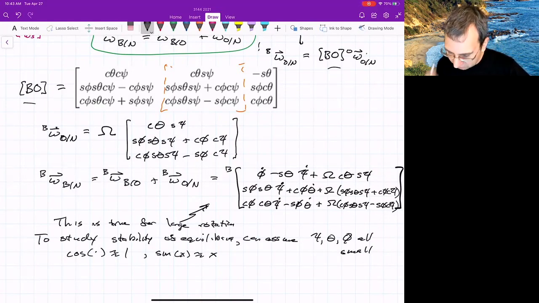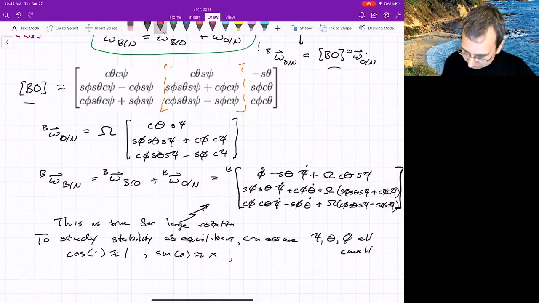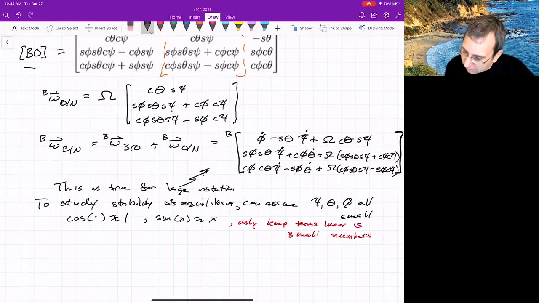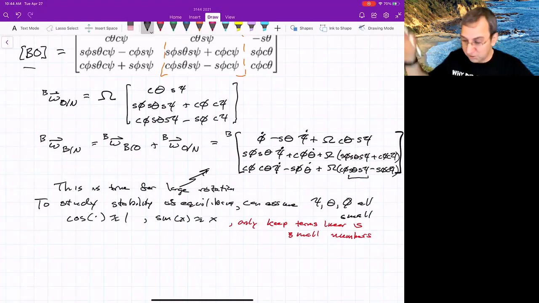You'll notice everywhere we will only keep terms linear in small numbers. Things like sine times sine will be theta times psi, which is small, so we would just ignore that term.